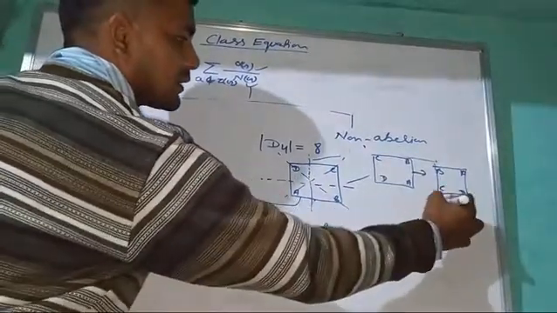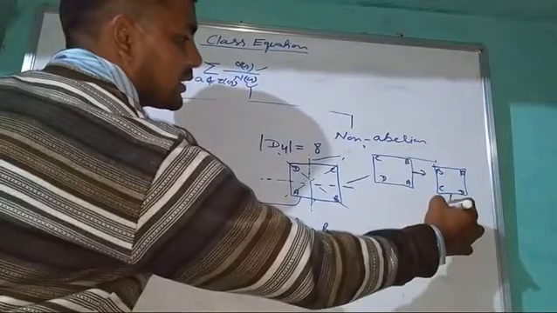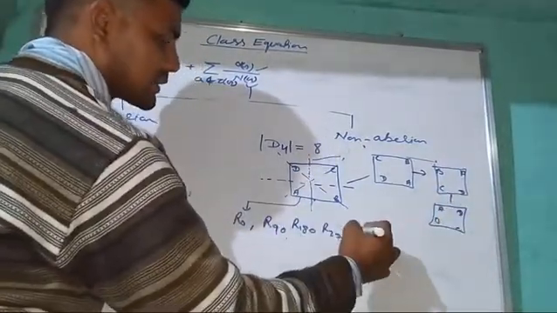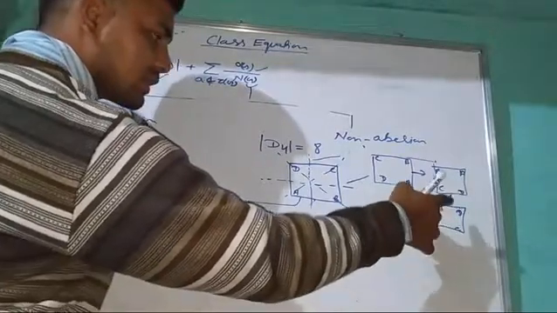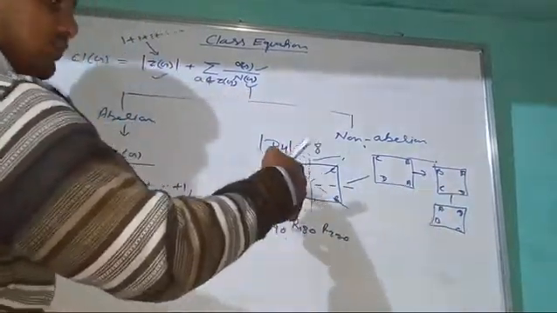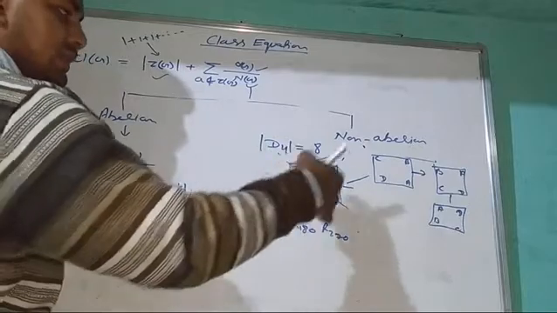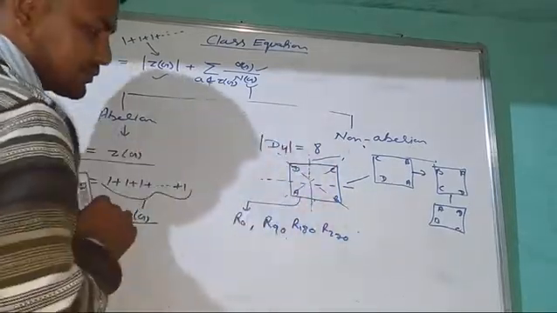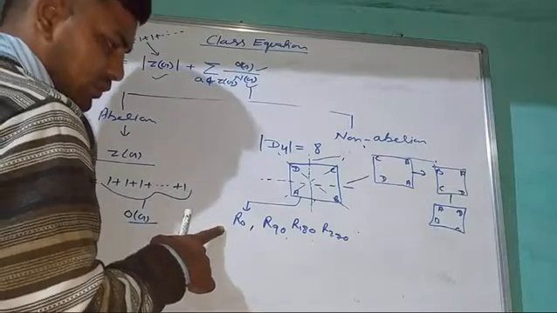Then again when we rotate it by 90 degrees, we have the initial square. Again we have R0.